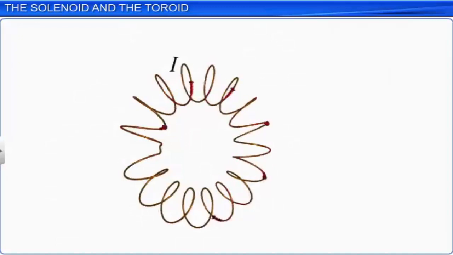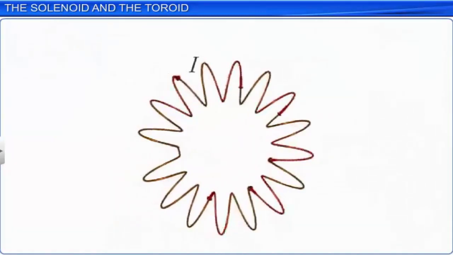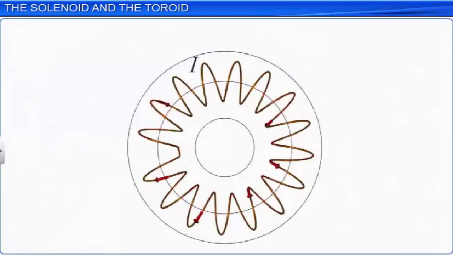To calculate the magnetic induction due to the current-carrying toroid, let us consider 3 concentric circular Amperian loops, represented by 1, 2, and 3 around the toroid as shown, with their centers at the center of the toroid. The area enclosed by loop 1 lies in the interior open space of the toroid. Hence, it does not cut any turn of the toroid.